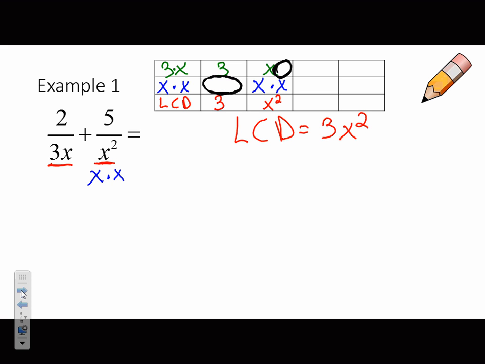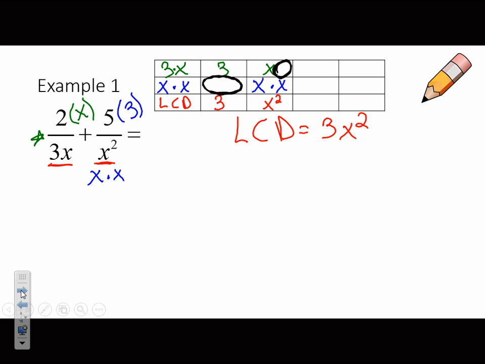So I come back over to my original problem, and on my first one, this is my green one, I was missing an x, so I need to take my numerator times x. On my second one, I was missing a 3, so I had to take my numerator times 3.